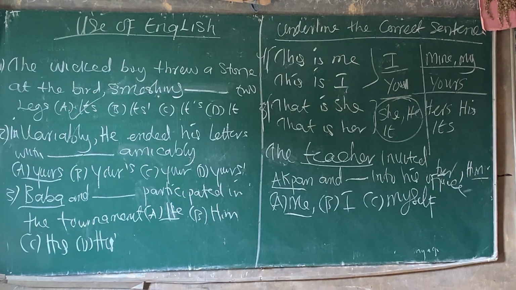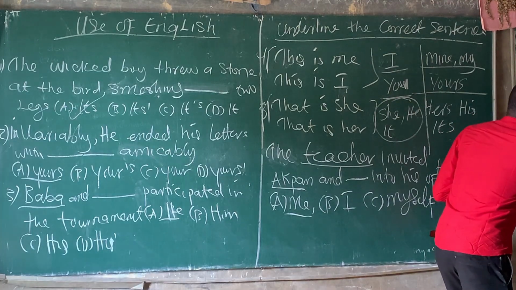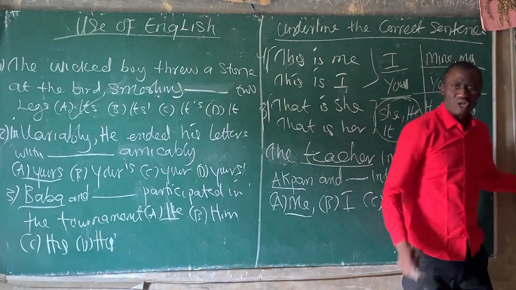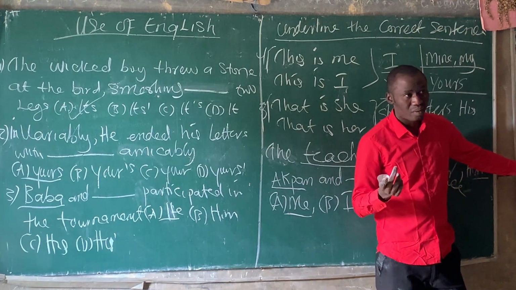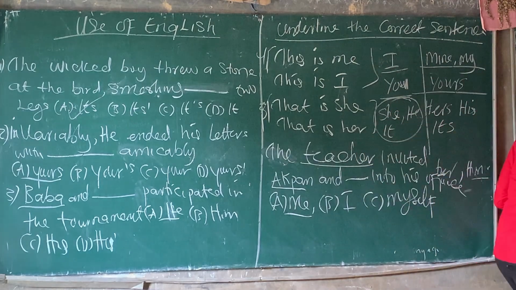I told you that privately you can say Tunde's book. Is Tunde a pronoun? No, Tunde is a noun. Are you following now? But his is a pronoun, isn't it?